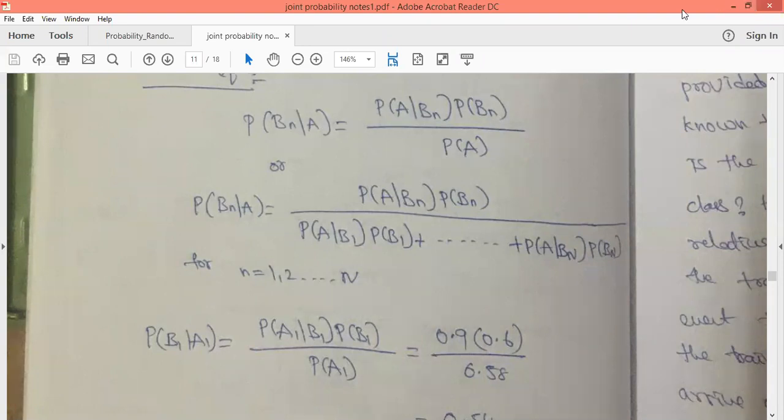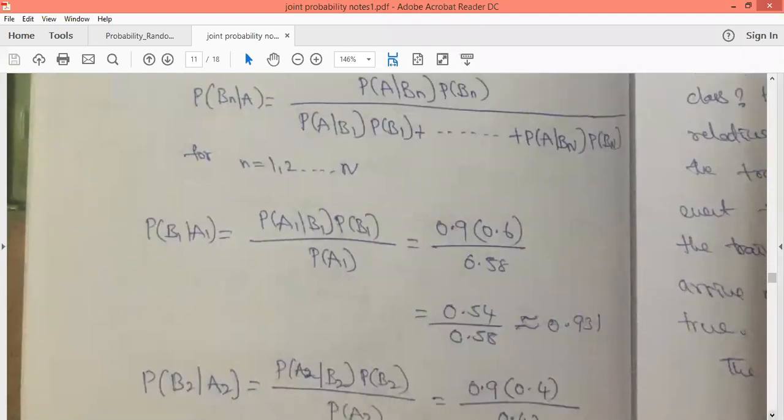See this equation and this equation, A should be replaced with A1, that's all. Probability of A1 given B1, probability of B1, divided by probability of A1. All these values we know, we just substitute.